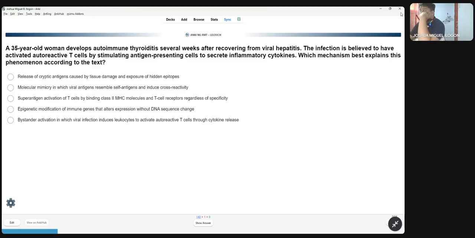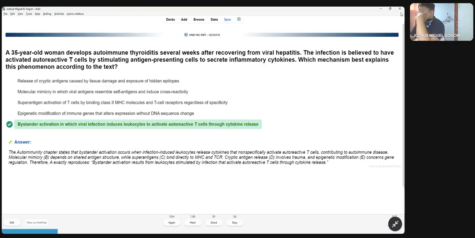Infection is believed to have activated autoreactive thyroiditis, autoimmune thyroiditis, from hepatitis. That has to be superantigen.